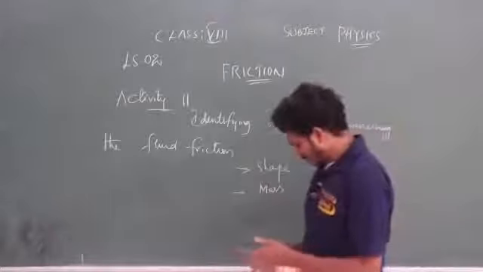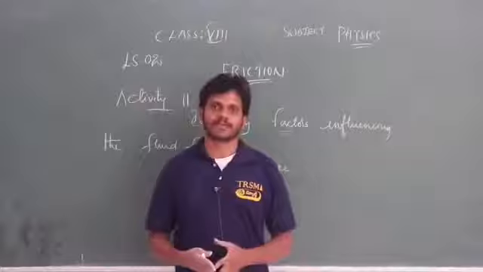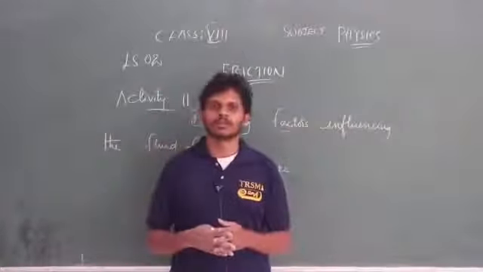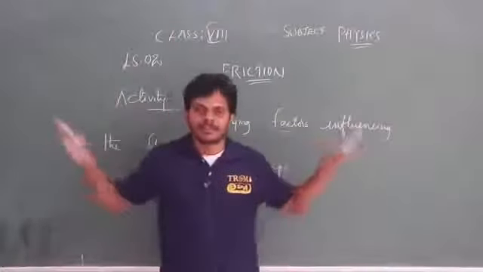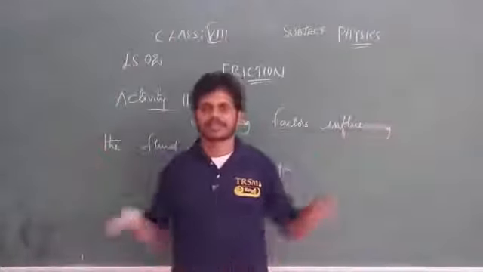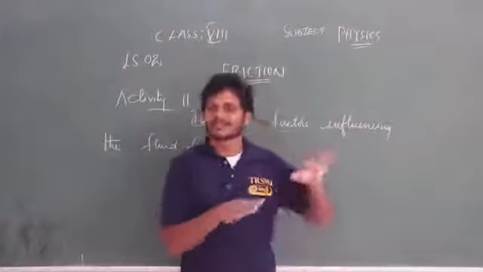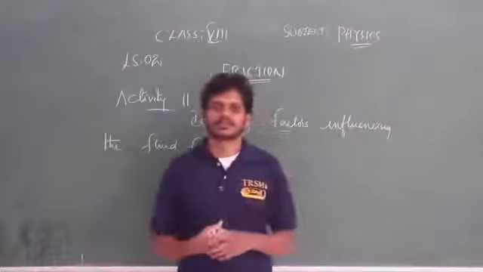So we see many objects moving in water bodies, and many objects moving in air. Like birds, they fly in the air. And what about this aeroplane? Even it flies in the atmosphere, in the air.